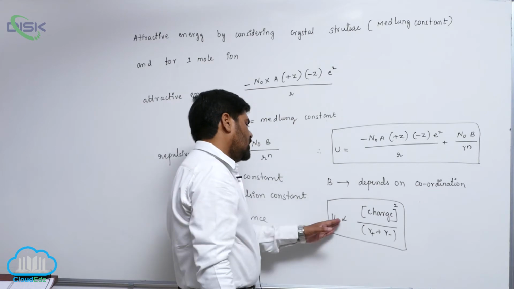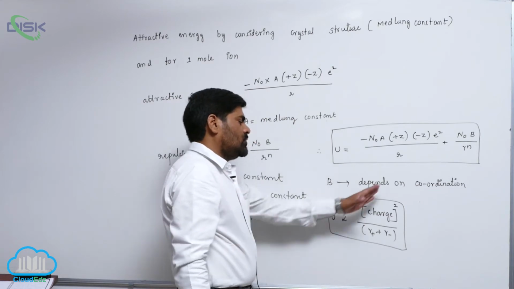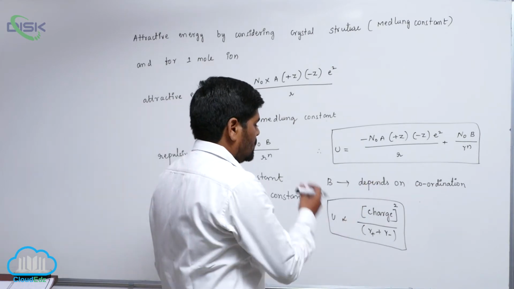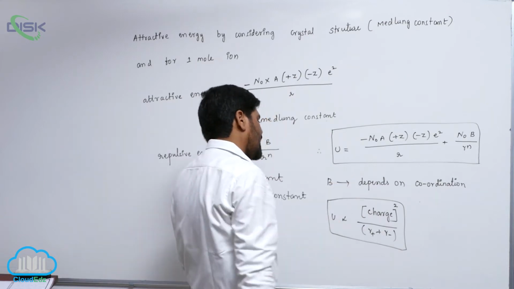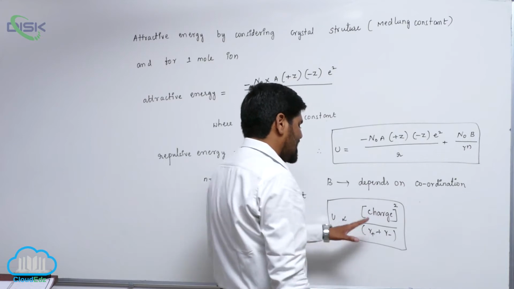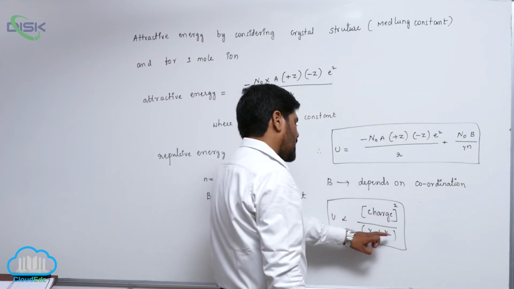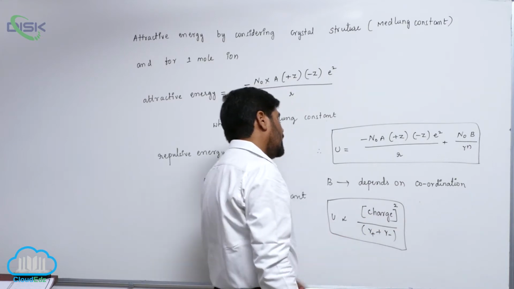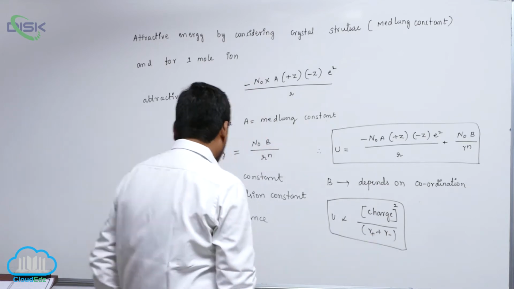Next, U is directly proportional to the square of the charge, and inversely proportional to the distance, that is, the radius of the cation plus the radius of the anion.